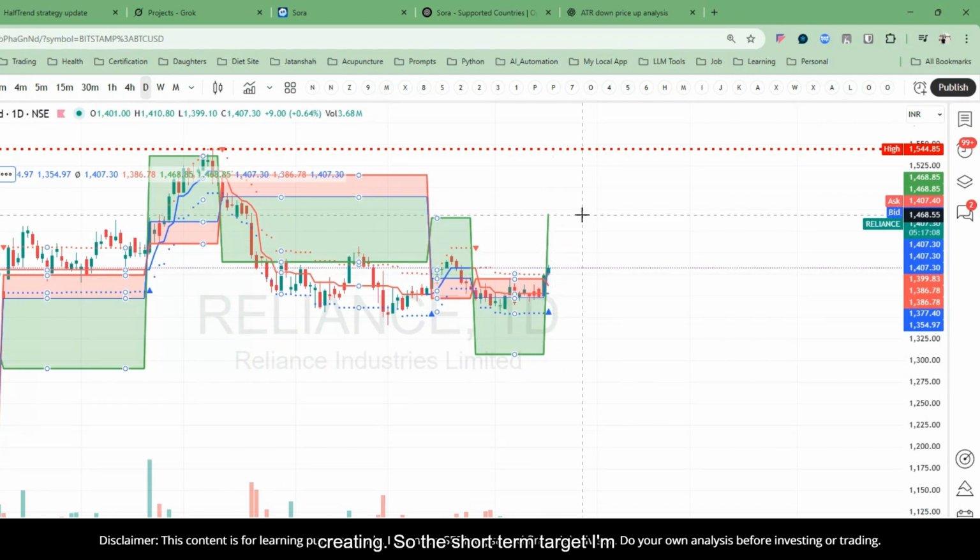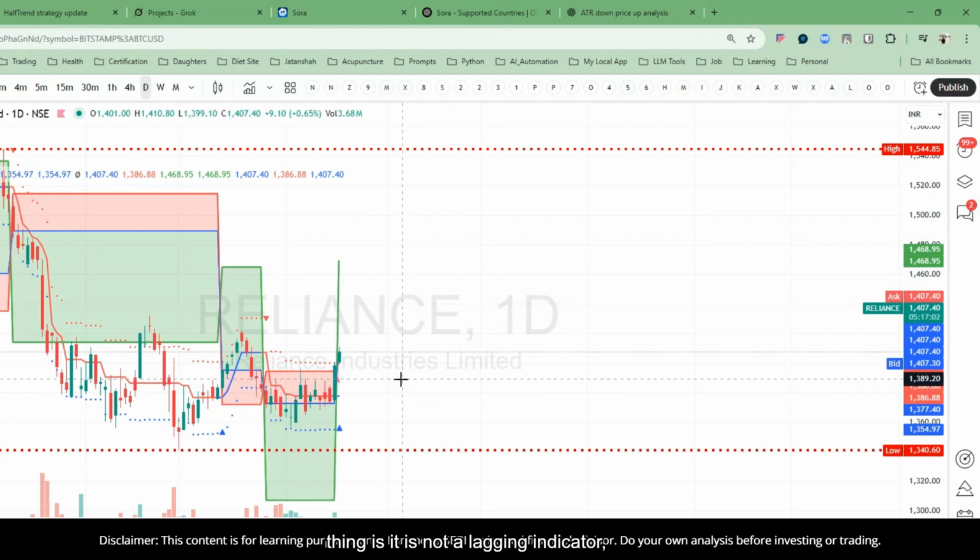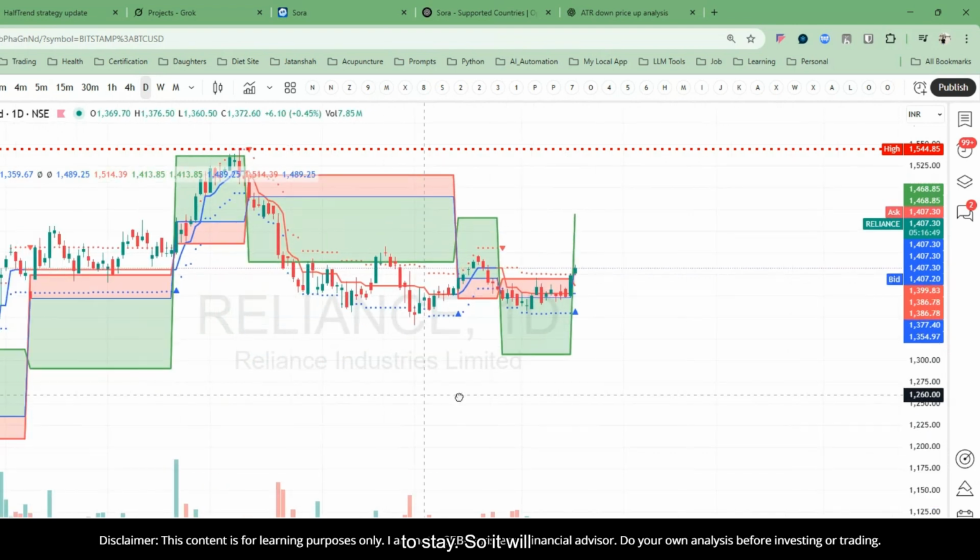So the short term target I'm expecting is around 14,067. And one more thing is it is not a lagging indicator, it is a leading indicator. So once it plots the entry, stop loss and target, it is going to stay. So it will give an idea.